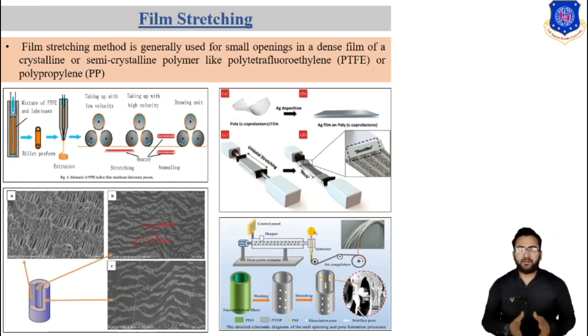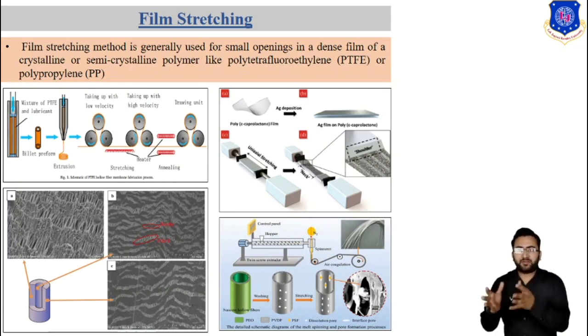The film is first formed by extrusion and stretching at a temperature near the melting point of the polymer. It is then stretched again in a direction perpendicular to the original stretching direction, when a very high number of slit-like voids or pores are formed. Membranes manufactured in this process have very high porosity.